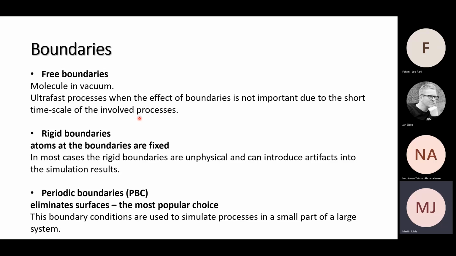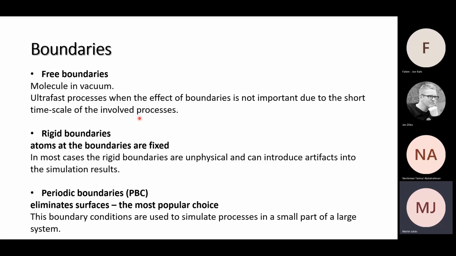Then you can treat the boundaries as rigid molecules. So you just take a molecule, you set it as a wall constraint. So you just set that there needs to be at least 10 angstroms of space between your molecule and the boundary of the box, and at this boundary you fix the molecule, and the molecule is just there and it doesn't move.